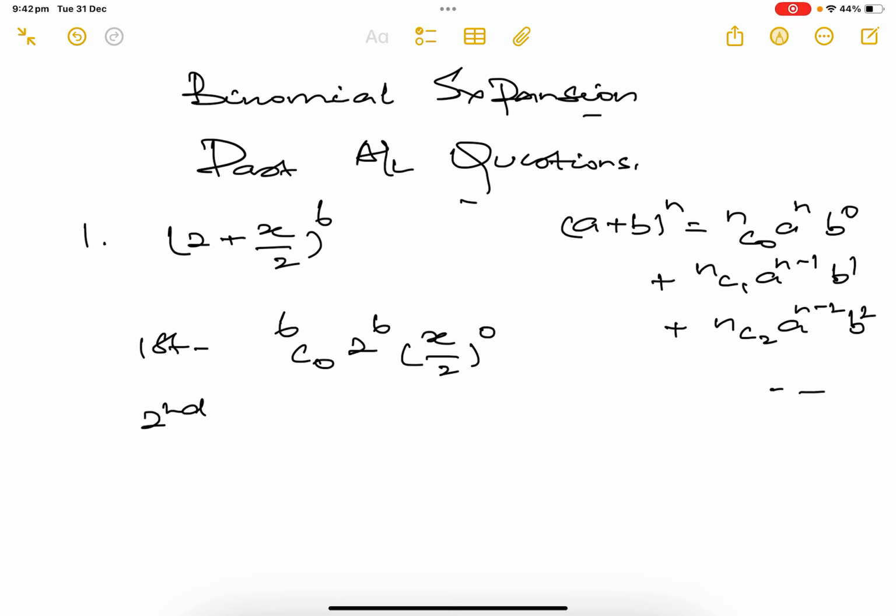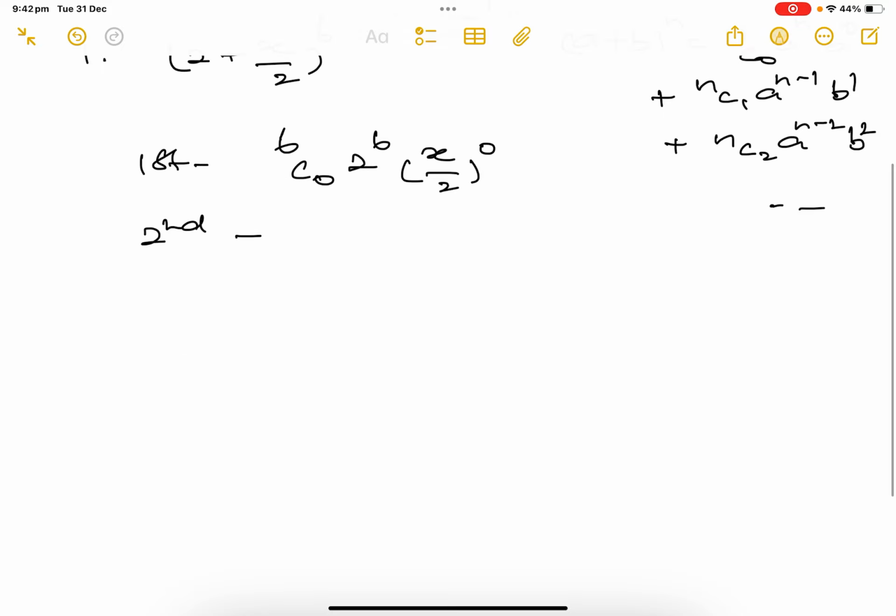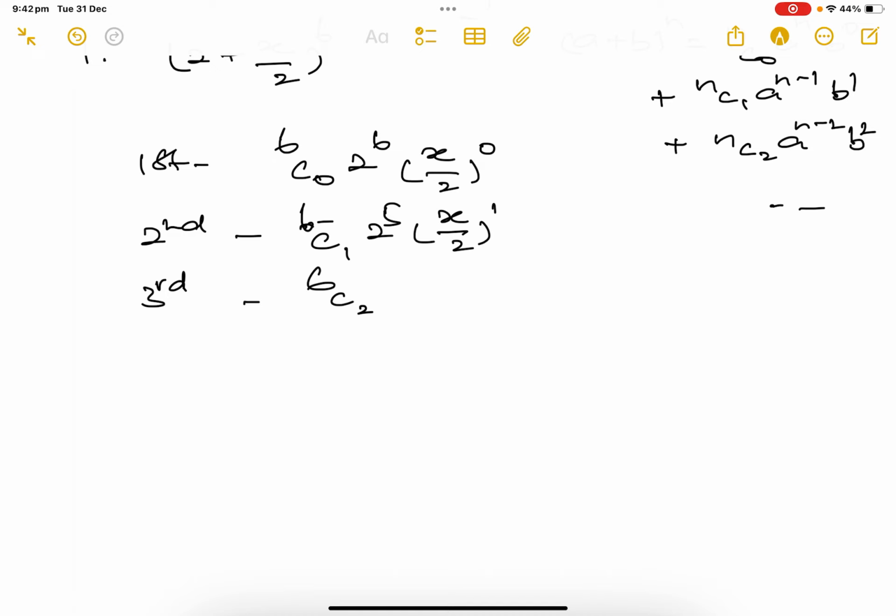Second term, 6C1, 2 to the power of 5, 6 minus 1 is 5, (x divided by 2) to the power of 1. And the third term, 6C2, 2 to the power of 4, (x divided by 2) to the power of 2. So these are the first three terms. Let's simplify them one by one.